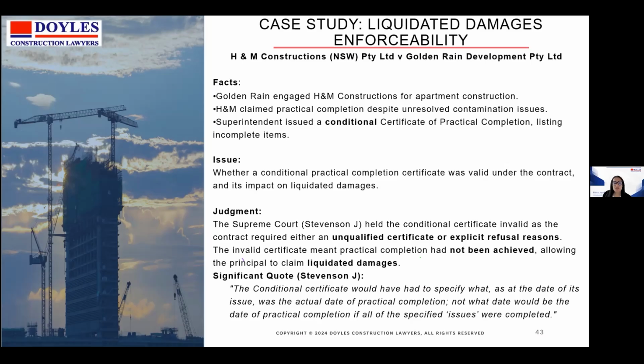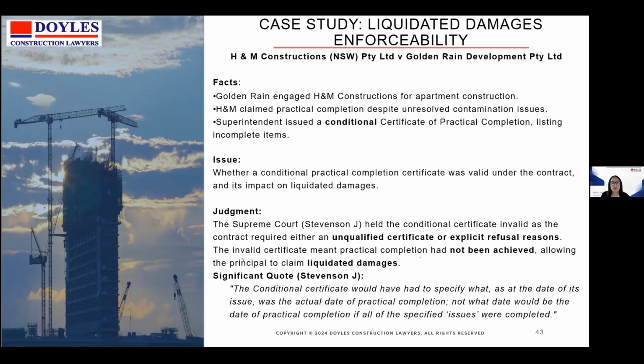And Stevens J of the Supreme Court held that a conditional certificate is invalid as the contract required either an unqualified certificate or explicit refusal reasons. As the invalid certificate meant practical completion had not been achieved, it allowed the principal to claim liquidated damages. So, in summary, conditional practical completion certificates are invalid, and they expose contractors to ongoing liquidated damages liability.